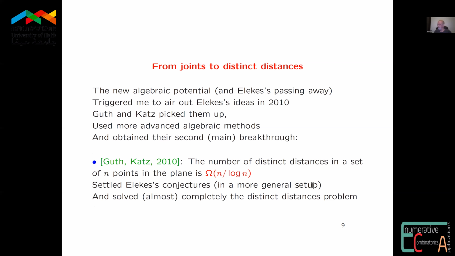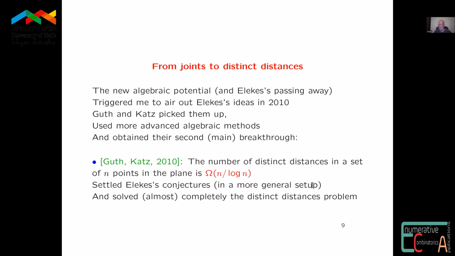Guth and Katz read them, picked them up, thought a little bit more about it, and came up with more advanced algebraic methods. They managed to solve Elekes' conjecture, and thereby they got the almost tight lower bound of n over log n. So any set of n points in the plane determines at least n over log n distinct distances.